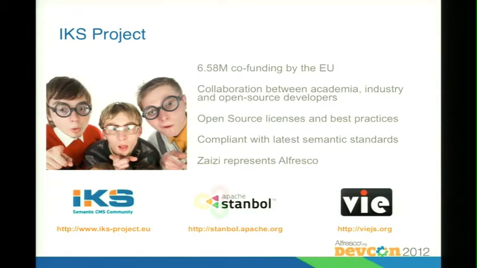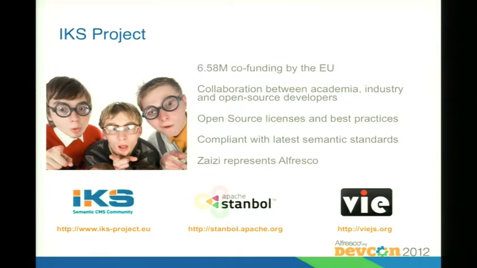So these are the three main projects that have been built or defined in the IKS. The first one is the IKS, the Interactive Knowledge Stack, and it defines the architecture for building a semantic web enterprise content management system.